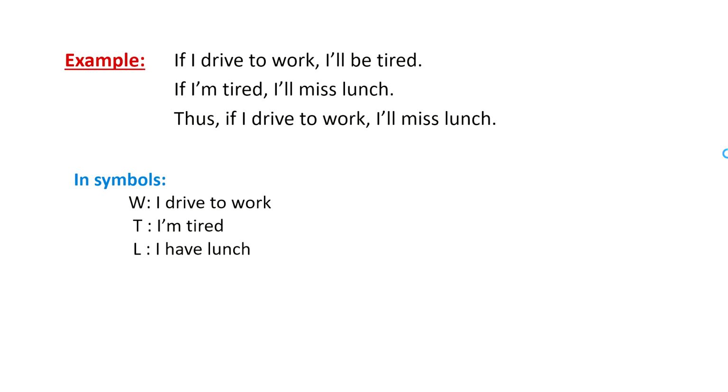Then if we convert these sentences into symbolic logic, the very first one, if I drive to work, I'll be tired, turns into if W, then T. The second one, if I'm tired, then I'll miss lunch. Notice miss lunch isn't have lunch, so this one would be T implies the negation of L. And then our conclusion, if we drive to work, then I'll miss lunch, we'll put together here at the end.